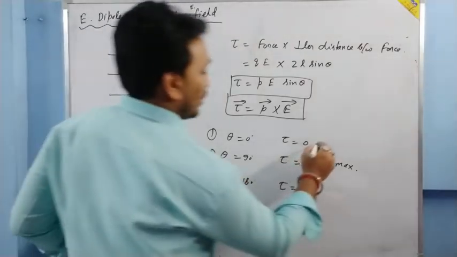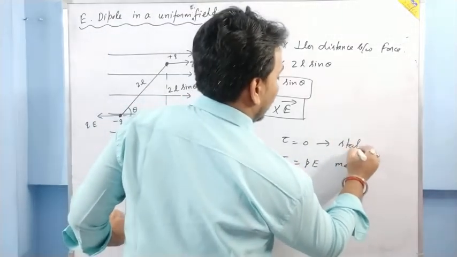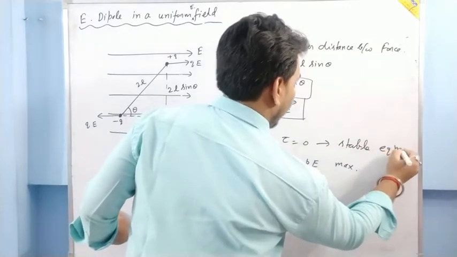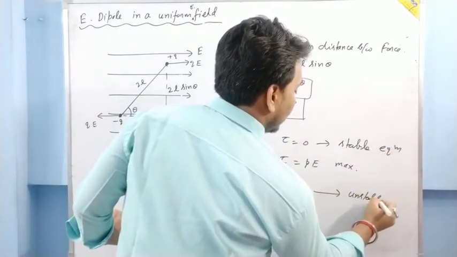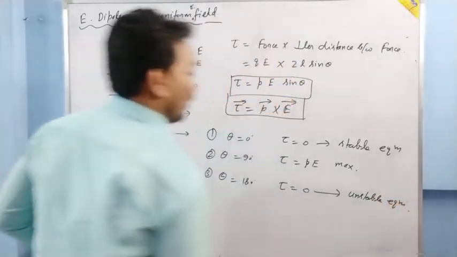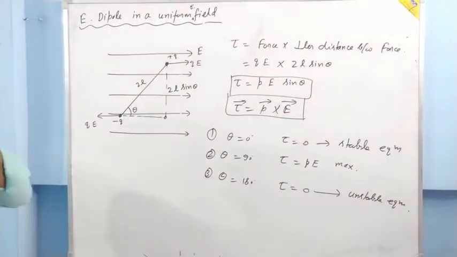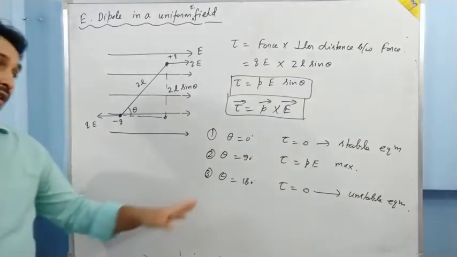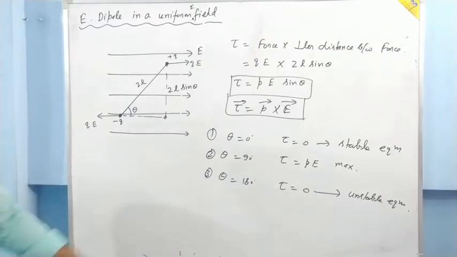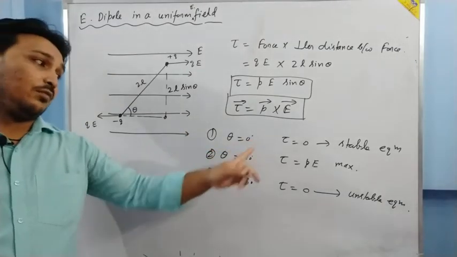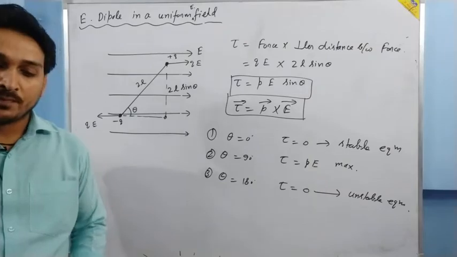Theta equal to 0 is called stable equilibrium, and theta equal to 180 degree is called unstable equilibrium. Remember the condition: 0 stable, 180 unstable.